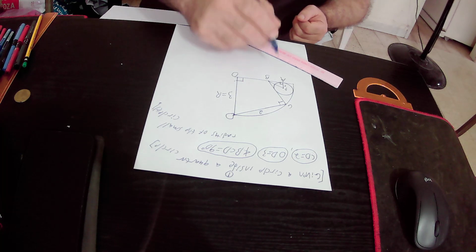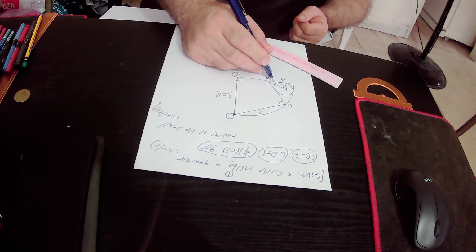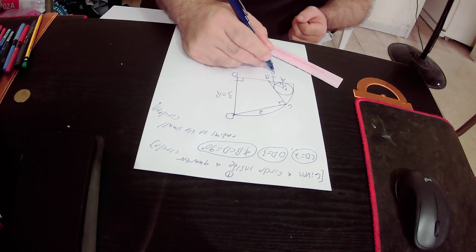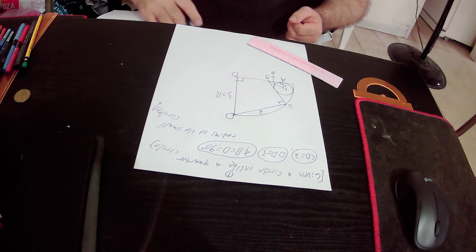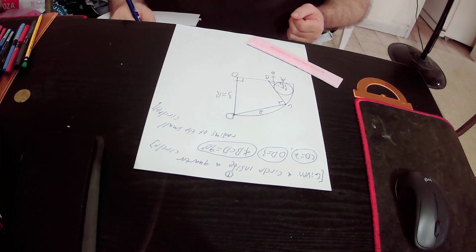Okay, and we will define angle ABP as theta. So tangent theta will be equal to AP over AB.